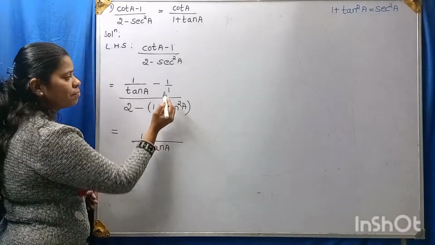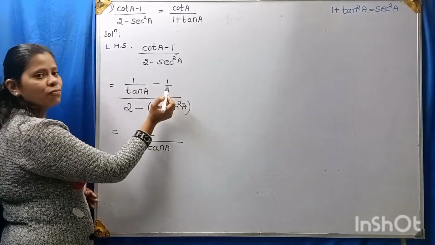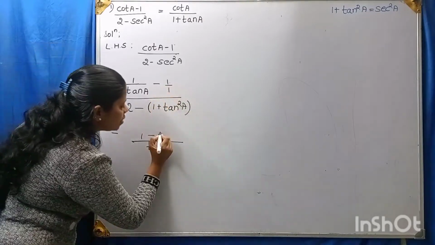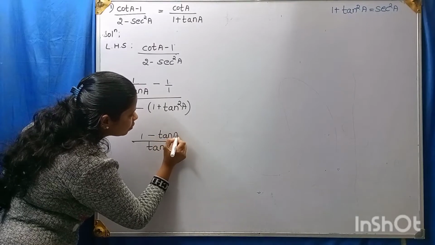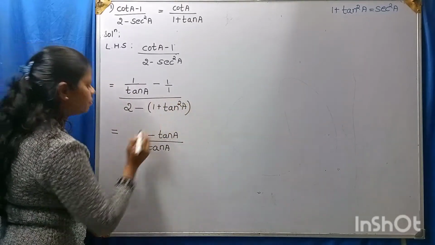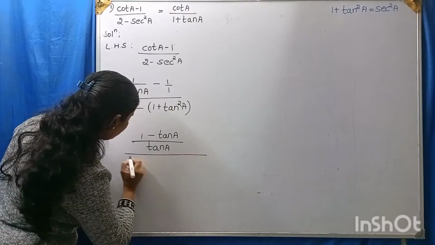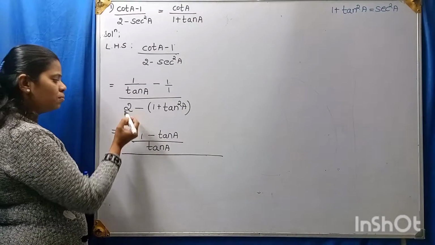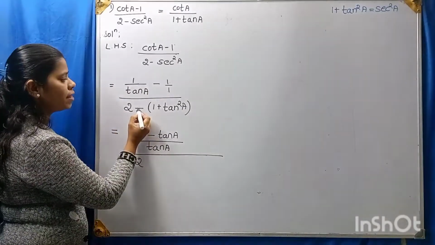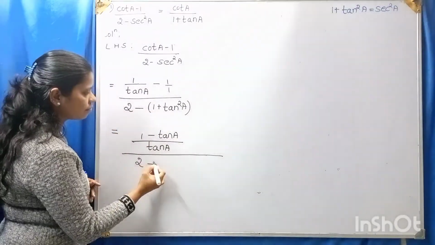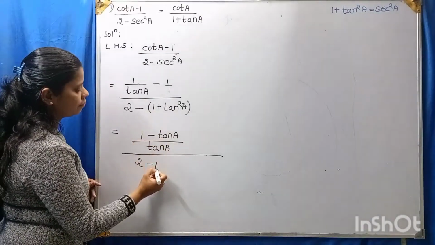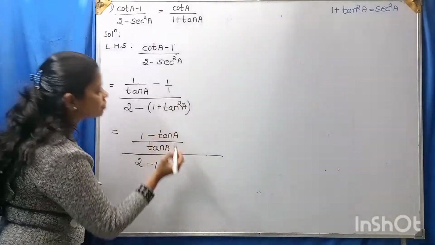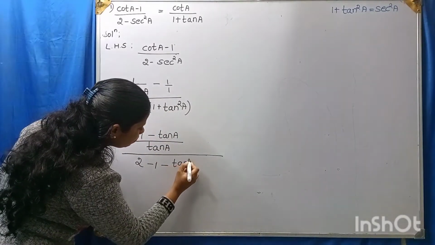Tan A is the LCM. But here we have 1. Therefore, we will multiply it by tan A. Then it will become 1 into tan A is tan A. Okay. Whole divided by 2 minus into plus is minus 1, minus into plus minus tan square A. Okay.